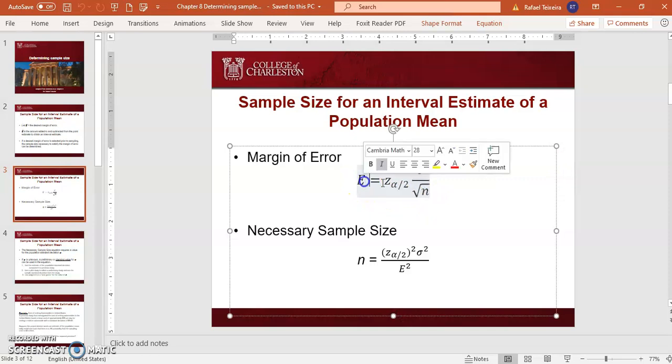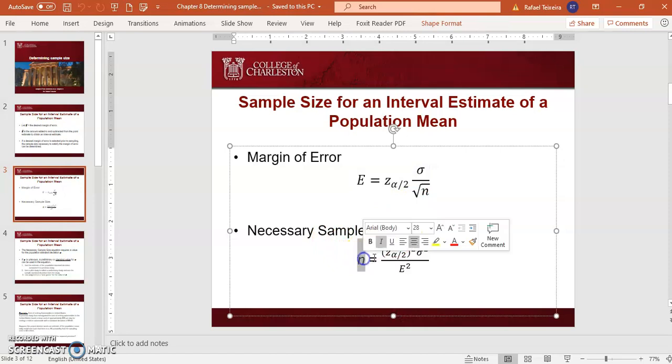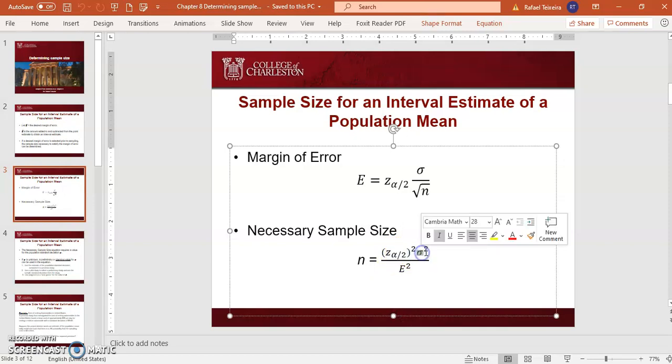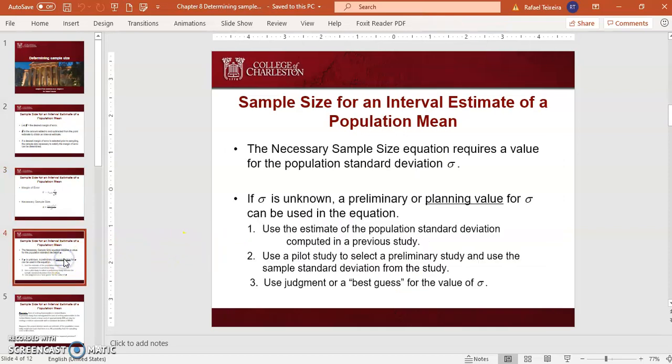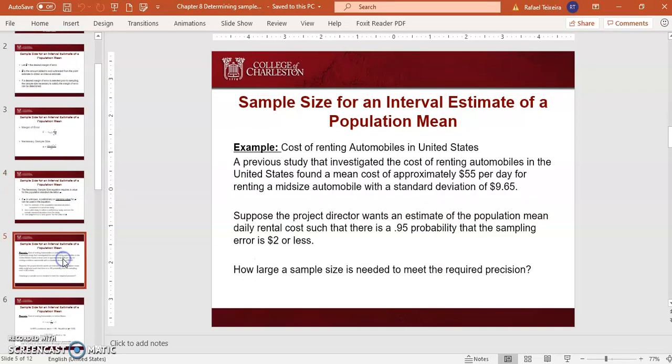If we do some algebra, then the necessary sample size formula becomes n equals the z alpha over 2 score squared, times the population standard deviation squared, divided by the error that you want squared. Okay, let's take a look at one example here, then I'll go back to that slide. Cost of renting automobiles in the United States.